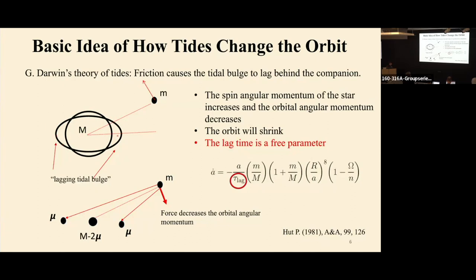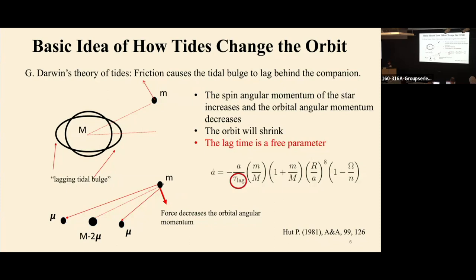These are two tidal bulges, and this point represents the secondary star or planet. People define this lag angle between the peak of the tide and the position of the secondary star or object. Even in a simplified model, we use two point masses to represent the two tidal bulges.